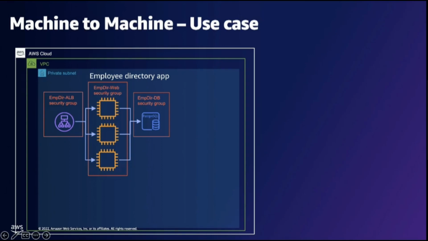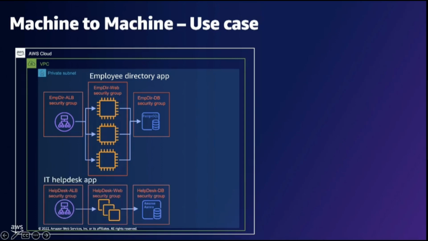Now, the beautiful thing about security groups is that you can use them to create a boundary between applications. For example, if we were to migrate another application from on-premise, our IT help desk app, and we host that in the same subnet as the employee directory app, we can use security groups to make sure that these applications cannot talk to each other.